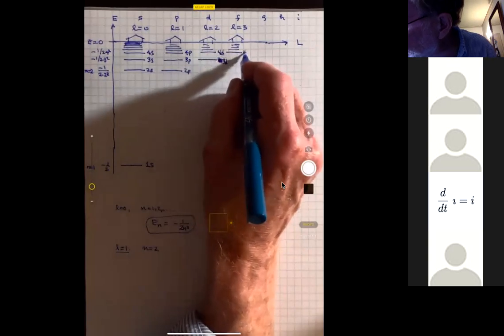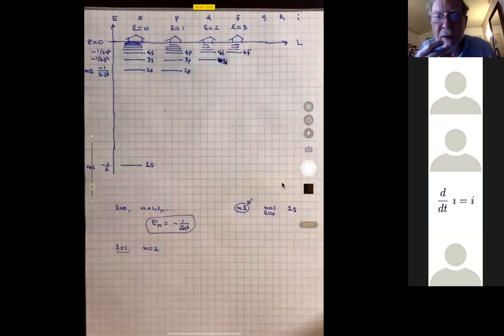This is the 4F, and so on. That's how these levels go. So this is your basic energy level diagram in hydrogen, along with the spectroscopic notation for the levels.